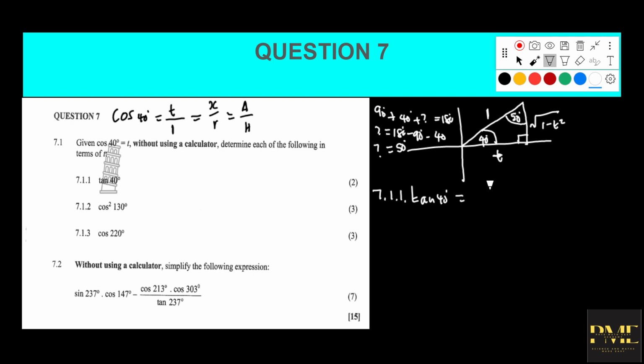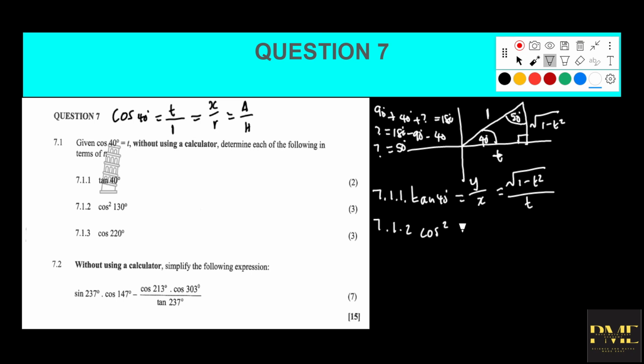Therefore y over x, where y is the square root of 1 minus t squared, all over x, which is our adjacent side to our angle of 40, and that is t, respectively.